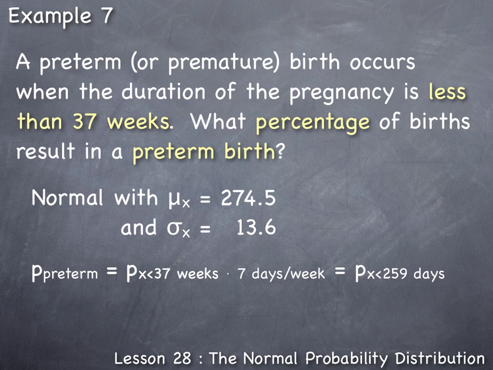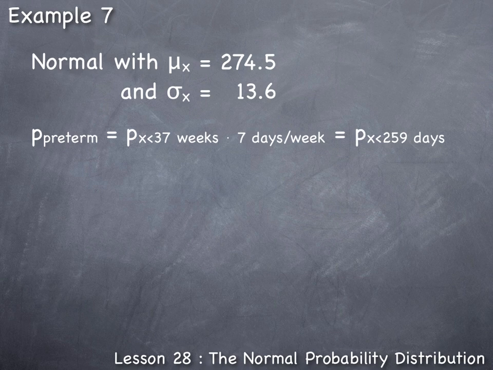So to find the percentage of preterm births, we have to find the percentage of durations of pregnancies that are less than 259 days. We can do this using the normal probability distribution. Being less than 259 days means that 259 would be the upper limit, and the percentage we seek are all the durations that are less than that.